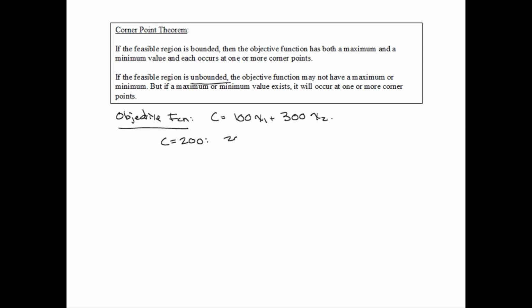Okay, so now I have 200 equals 100 x1 plus 300 x2. Think of this as x and x2 as y. So we can put this in our y equals mx plus b slope-intercept form. And so that gives me 300 x2 equals negative 100 x1 plus 200.